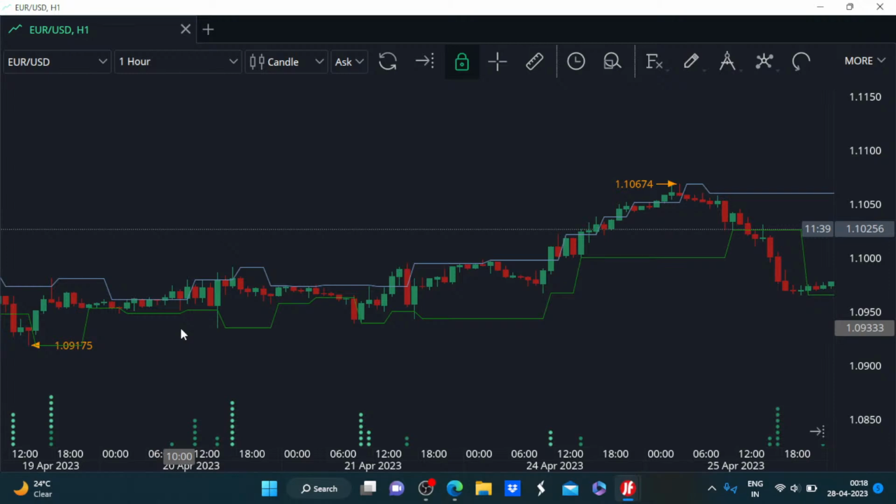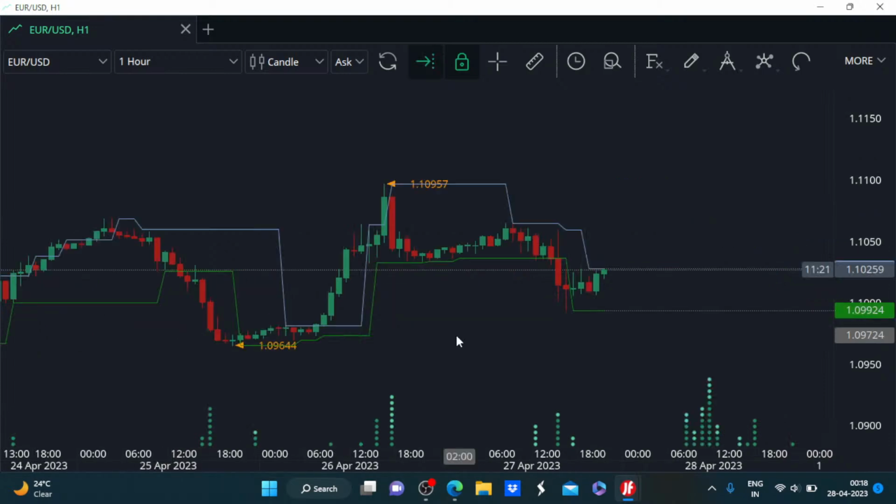We don't really have many indicators of this type where you get three clear-cut levels defined for you, and this is one such indicator where you get this distinction.